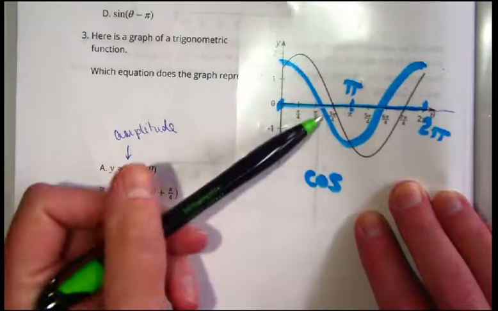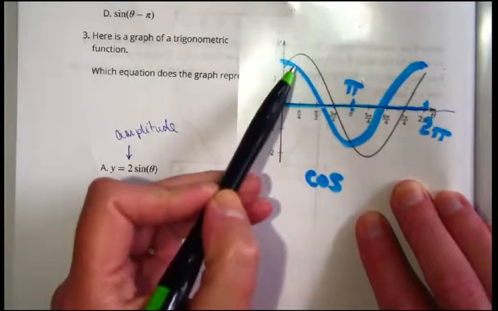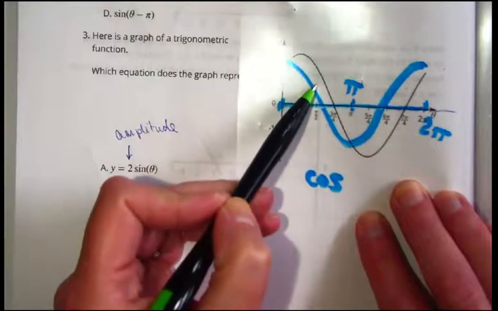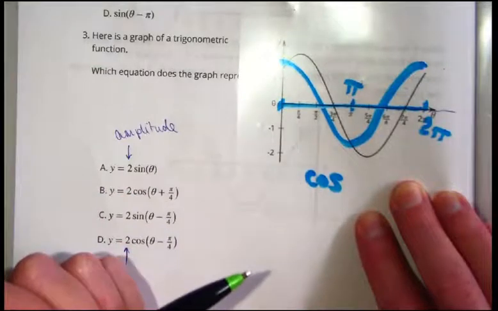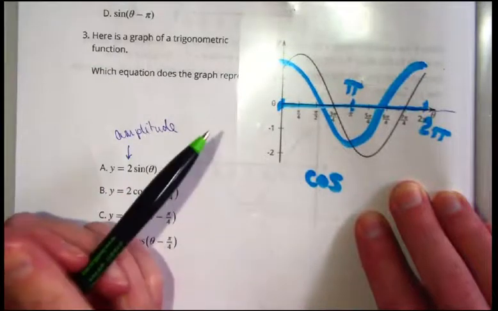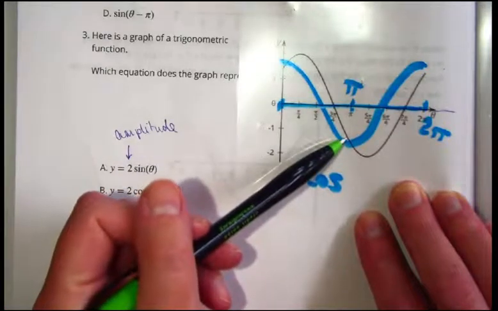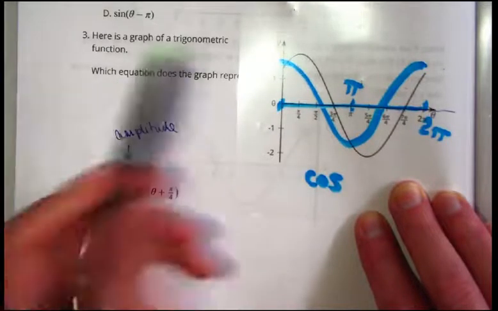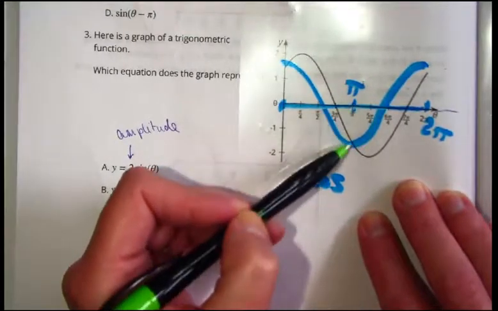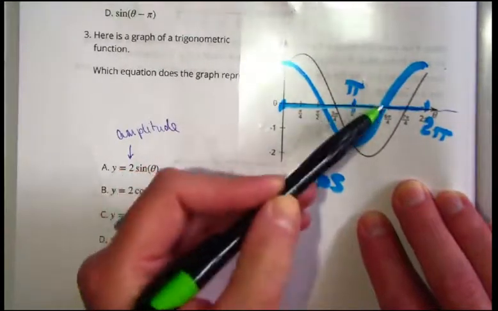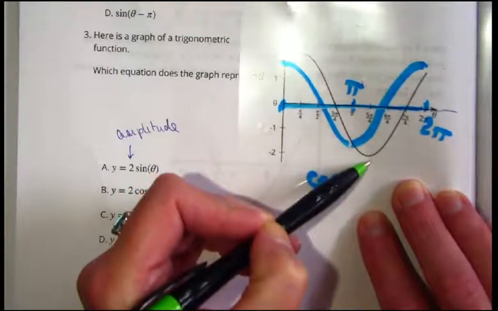If I start with cosine, I can see that my new graph has been shifted, in this case, to the right. What was happening at pi here is now happening at about 5 pi over 4.